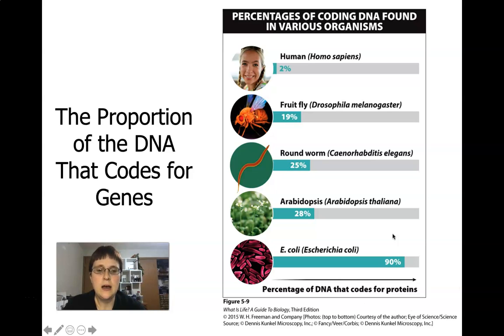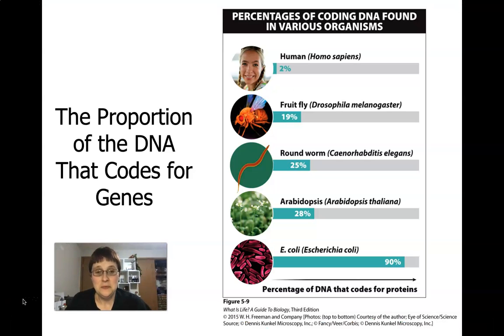And it's the E. coli. E. coli has 90% of its DNA made up of genes. Versus us, humans only have about 2% of all of our DNA that is actually coding for our proteins.